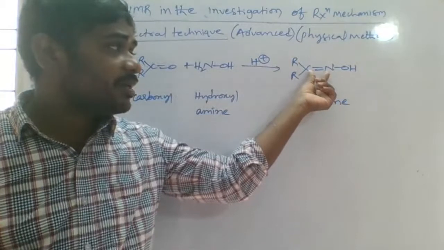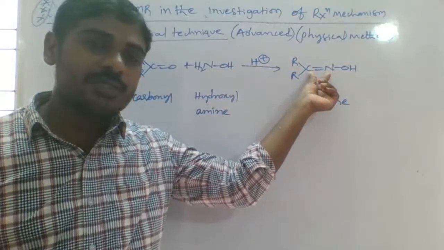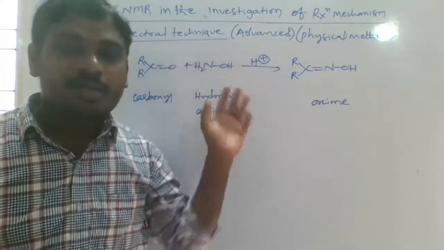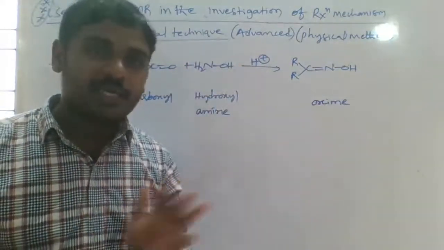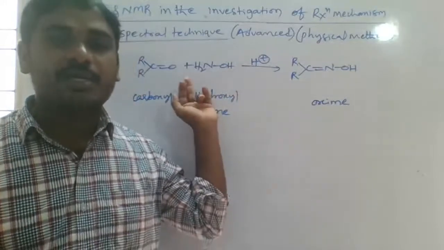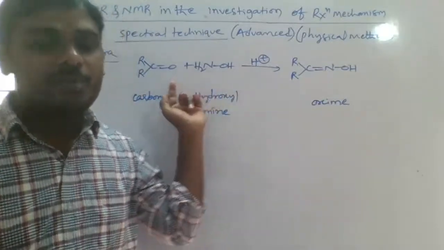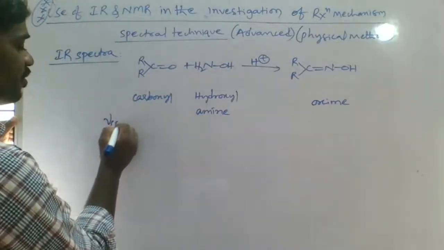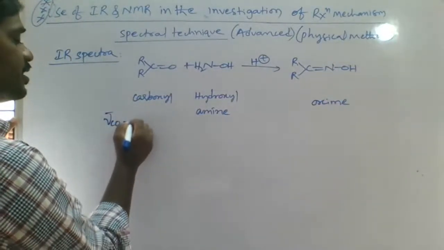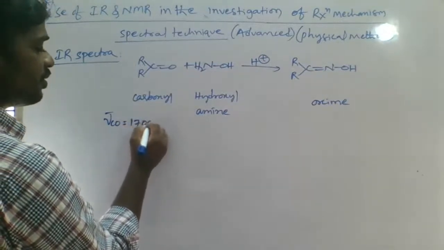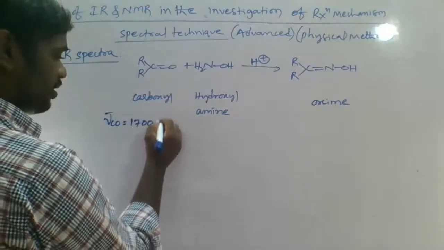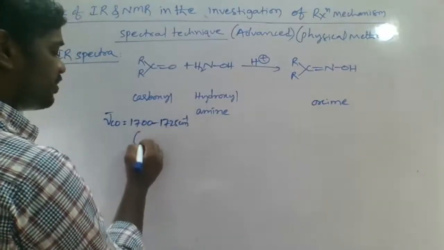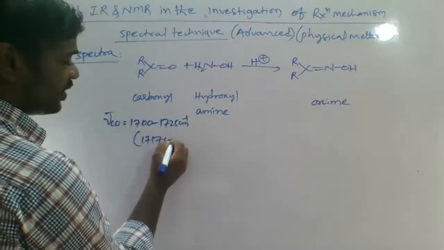So here the C double bond N functional group is obtained, and the C double bond O functional group disappears. In this reaction, for the starting material in IR spectroscopy, the carbonyl stretching frequency, nu CO, is 1700 to 1725 centimeter inverse, or approximately 1717 centimeter inverse.